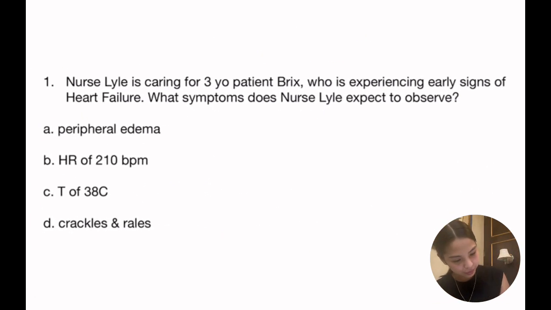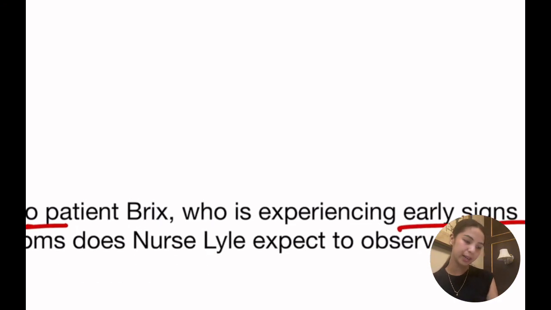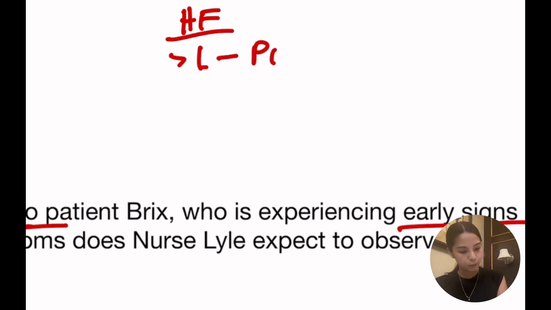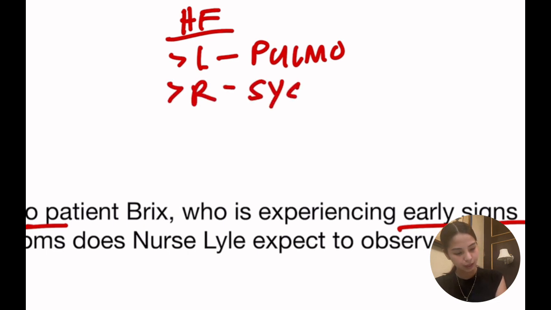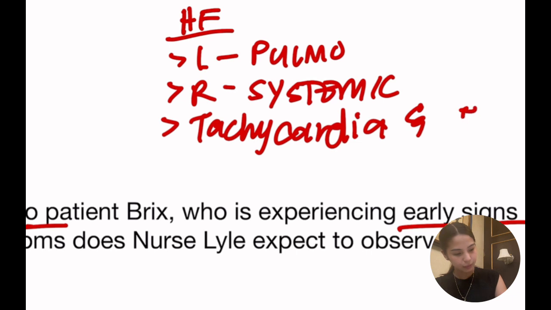So again, Nurse Lyle is caring for 3-year-old patient Briggs who is experiencing early signs of heart failure. What do we know about heart failure? That left-sided is pulmonary, right-sided is systemic. Early signs and symptoms are tachycardia and tachypnea.